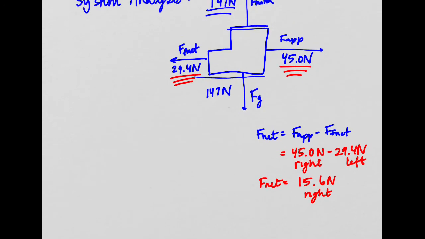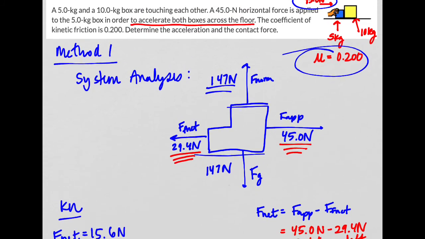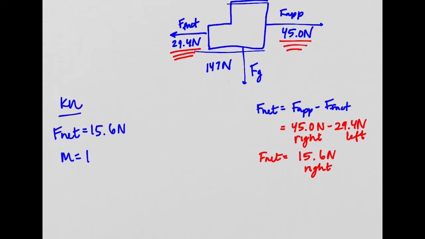Okay, so now we know our net force, we know our mass. We can write all of our stuff here. We have our knowns: our net force is equal to 15.6 newtons. We also know our mass, right? We have the 5 kilograms and the 10 kilograms, so we have 15 kilograms. We are looking for acceleration, and our equation is net force equals mass times acceleration.